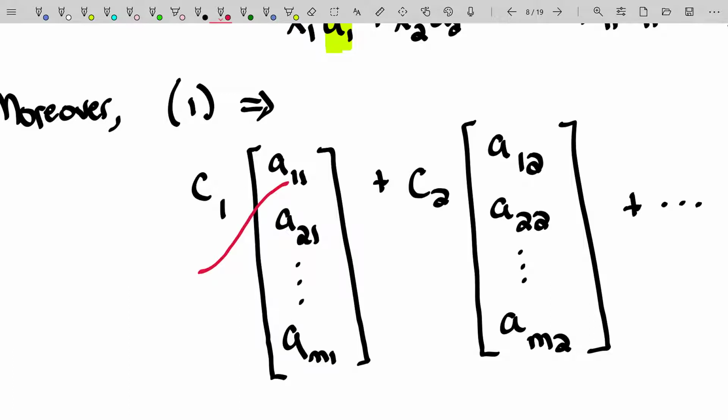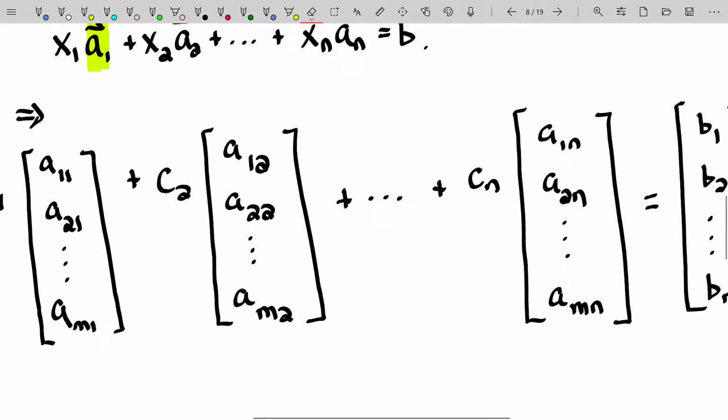This element right here is from the first row of the matrix A and the first column of the matrix A. This entry right here is from the second row but first column, and so on and so forth until you get to the mth row and the first column of A. It's just first, second, third, fourth, all the way to the mth row of that.